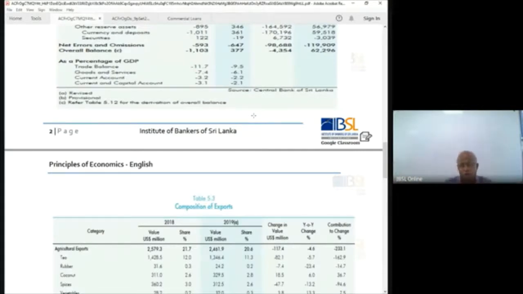So the accumulated foreign exchange dollars in the country will add to the reserve position. When there is a surplus in the balance of payment, our reserves will improve. For example, in January the country's foreign reserves are, let's say, 100 million dollars.